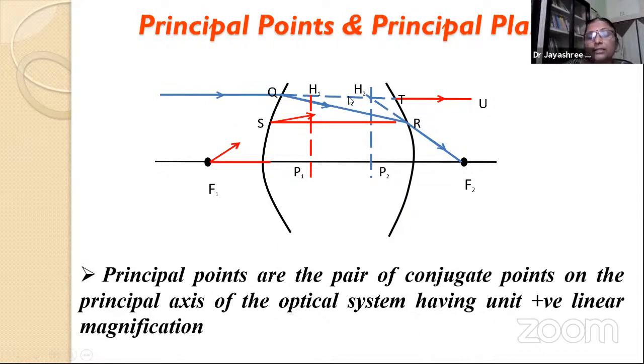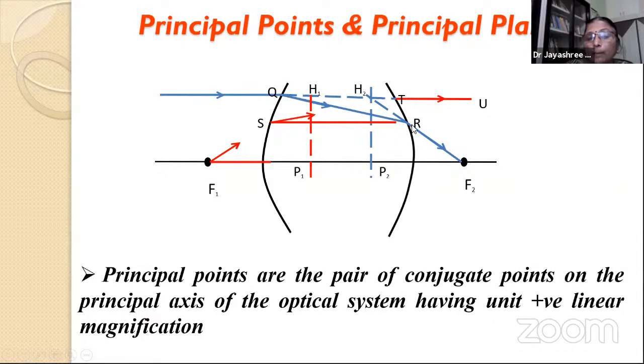See here, this is the first principal plane H1P1 and the second principal plane H2P2. This is an incident ray, which at the first curvature, at this point Q, gets refracted.